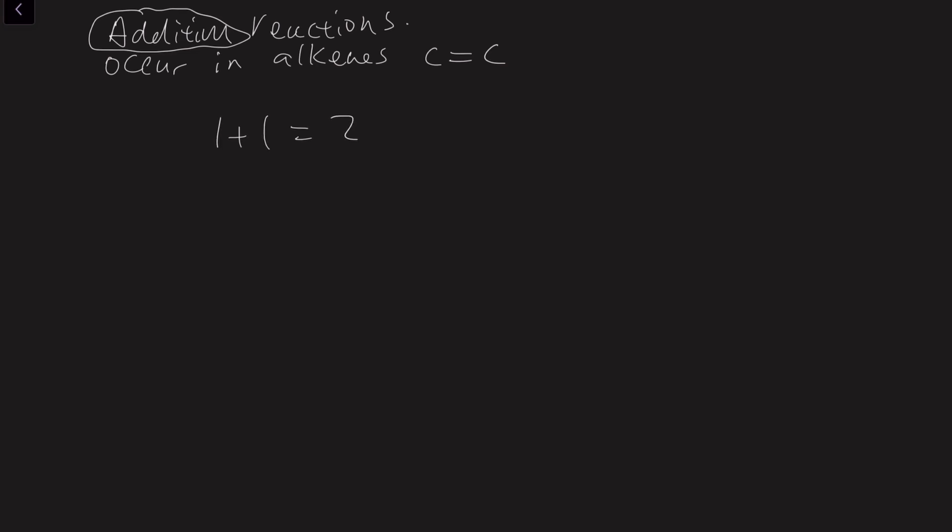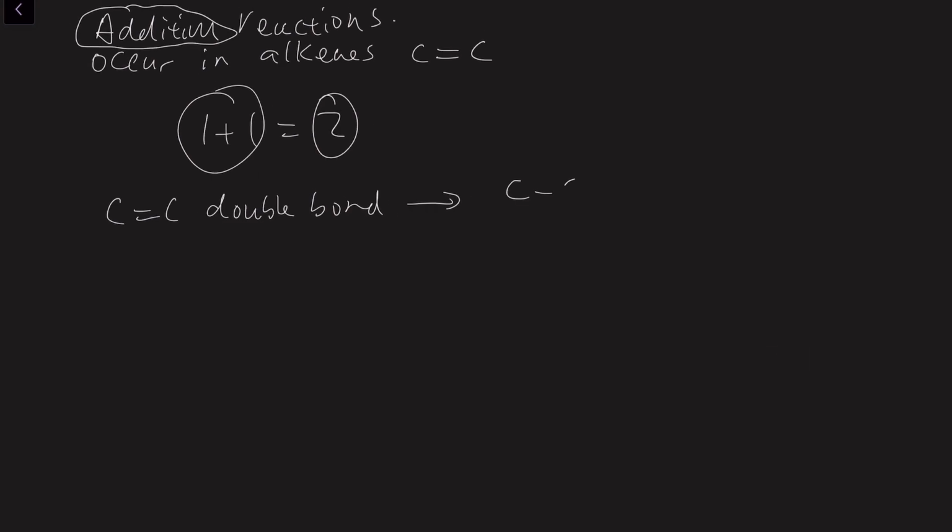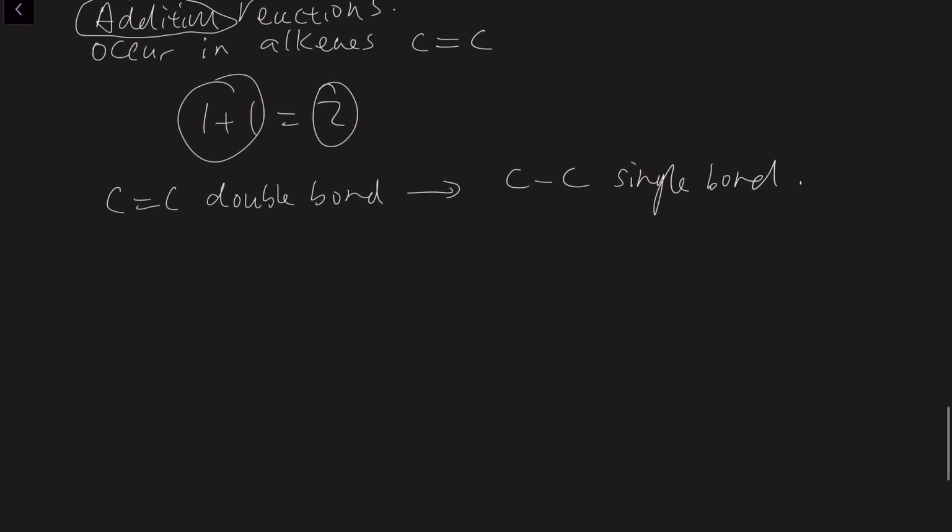So you have two reactant molecules forming into one product. So this is essentially what addition reaction does. And during this process, the CC double bond will be converted into a CC single bond. And you will see how this would happen later.